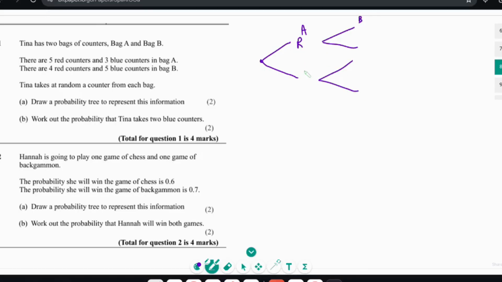So what are the options for bag A? Red or blue? What are the options for bag B? Red or blue? So from bag A, 5 out of 8 for red, 3 out of 8 for blue. And here for bag B, we've got 4 over 9 for red, 5 over 9 for blue.